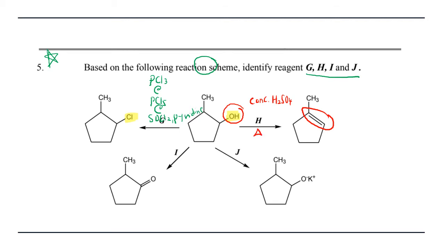Next, we focus on J, where the hydrogen is replaced with K+. So here it will be potassium metal.